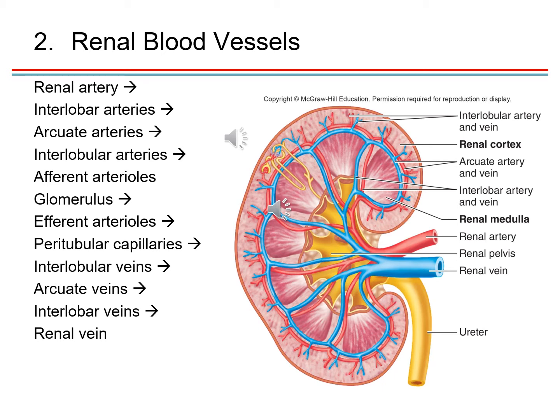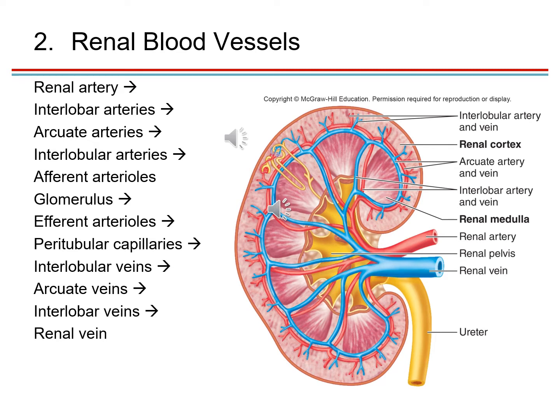Those branches of the renal artery never cross through the medulla. They are always located in the renal columns. And at the end of the branching, the final part of that renal artery is the afferent arteriole.